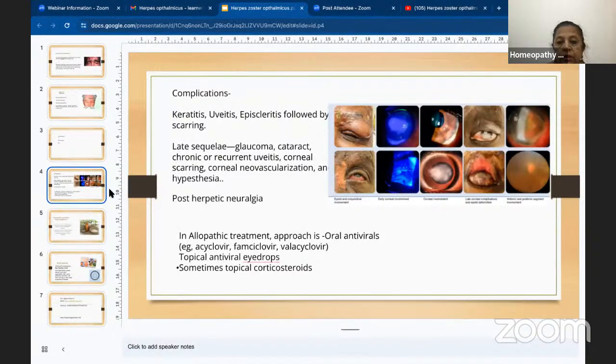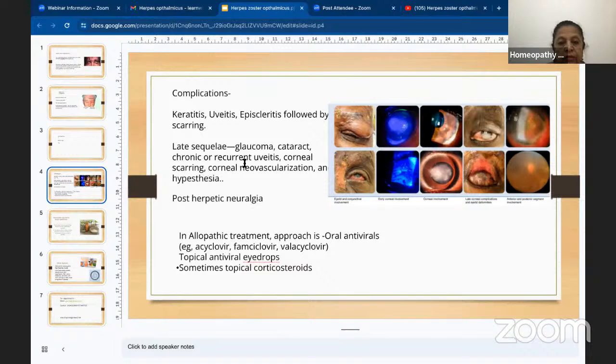In case of this herpes zoster in the eyes, what are the complications? If there's a corneal involvement, there may be some infection in the anterior chamber like iridocyclitis, which can lead to glaucoma. If it remains for a long time, it can lead to complicated cataract.